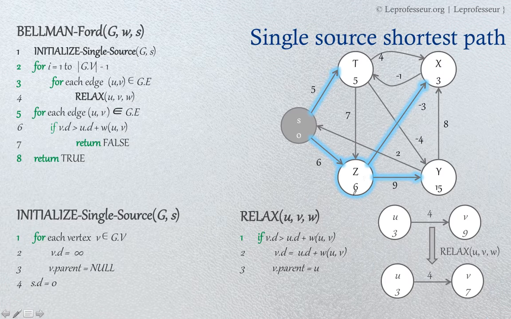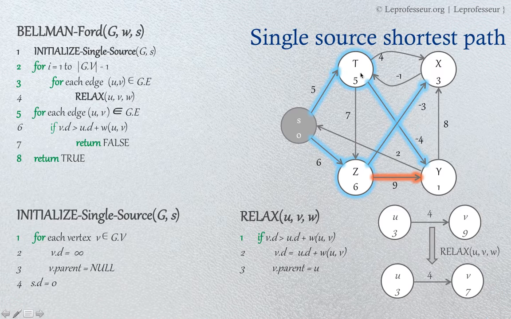It will be 6 plus minus 3, so 6 minus 3, equal to 3. And what would be y dot d? Simply 9 plus 6, 15. Good.